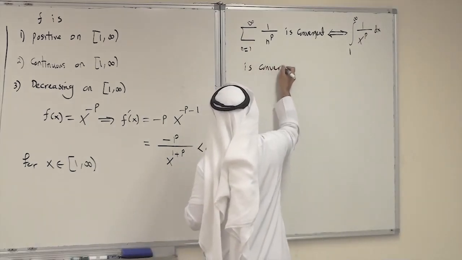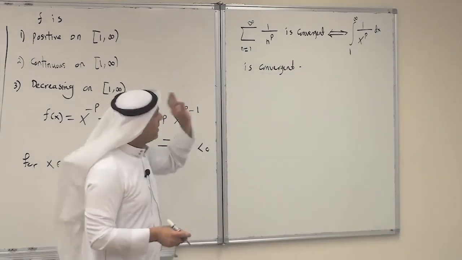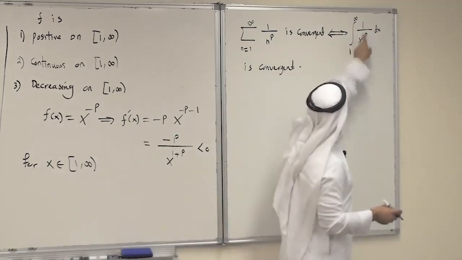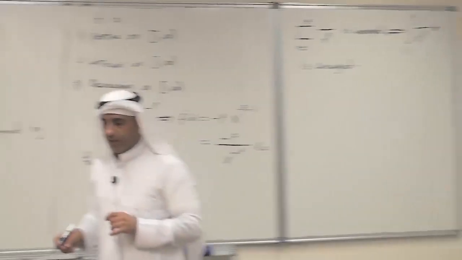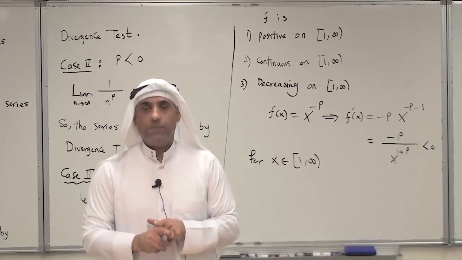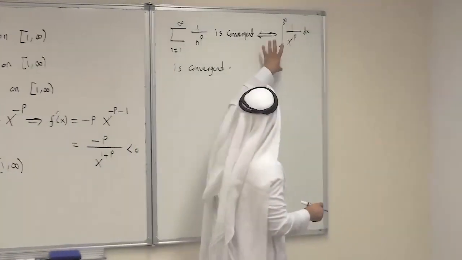Okay, but if you remember when we discussed the improper integral, this was one of the examples we did. And we said this improper integral is convergent only if p is strictly greater than 1. If p is strictly greater than 1, then this improper integral is convergent.